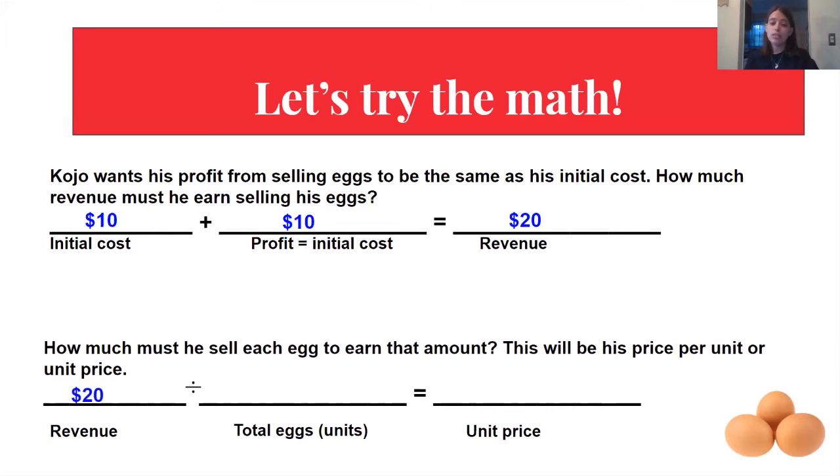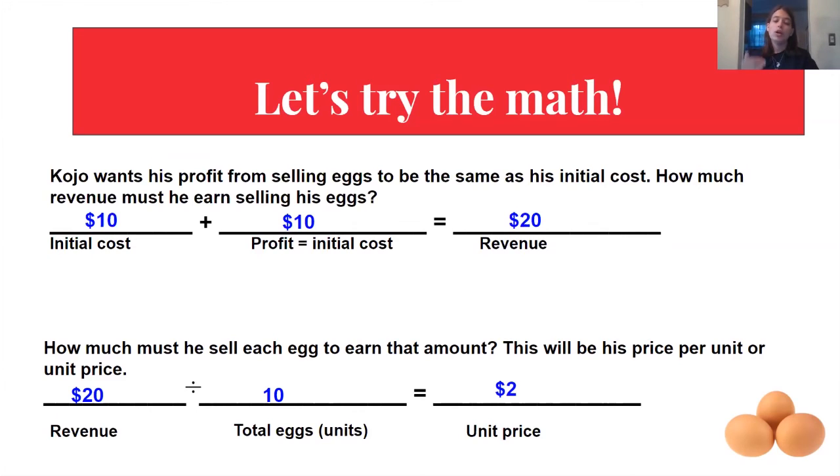So we have $20 as our revenue. We just figured out he's got to earn $20. You're going to divide it by the number of eggs. Remember, we figured out in the second equation, that's 10 eggs, and that gives us $2. So he has to sell each egg for $2. It's because he has 10 eggs. 10 times 2 is 20, in order to get revenue of $20 so that his profit can be $10.